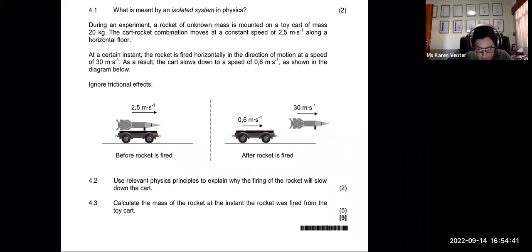During an experiment, a rocket of unknown mass is mounted on a toy cart of mass 20 kilograms. So the mass of the toy cart is 20 kilograms. So I'm just going to write that on here for myself. The mass of this cart is 20 kilograms. The cart-rocket combination moves at a constant speed of 2.5 meters per second along a horizontal floor.